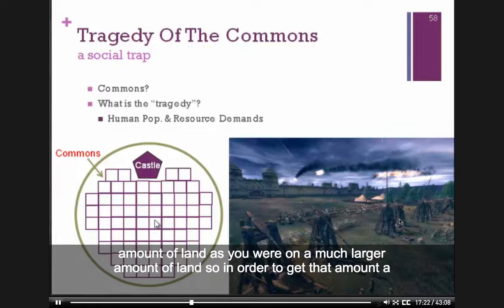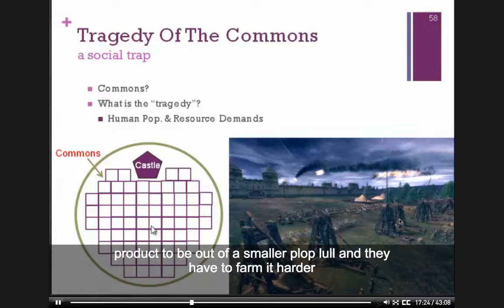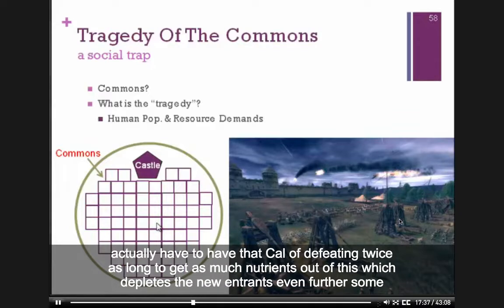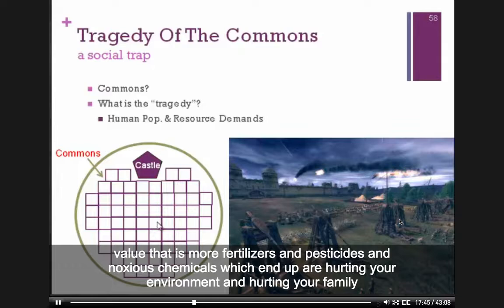So in order to get that amount of productivity out of a smaller plot of land, they have to farm it harder. They have to use fertilizers now to get this thing to produce. They have to send their cow out there who has less area to feed. They actually have to have that cow out there feeding twice as long to get as much nutrients out of this, which depletes the nutrients even further. So now you've got to use more fertilizers and pesticides and noxious chemicals, which end up hurting your environment and hurting your family.